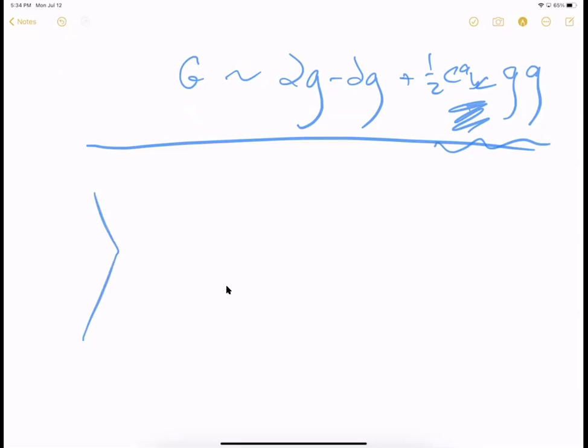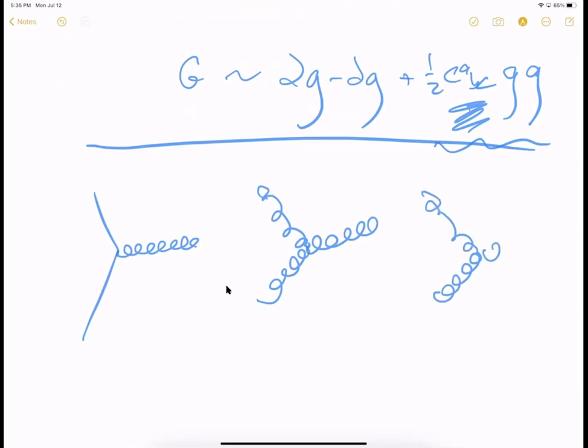In addition to the usual interaction with the quarks that comes from the covariant derivative of the spinor fields, any non-abelian gauge theory is going to also have cubic and quartic interactions. So the gluon ones look like this.